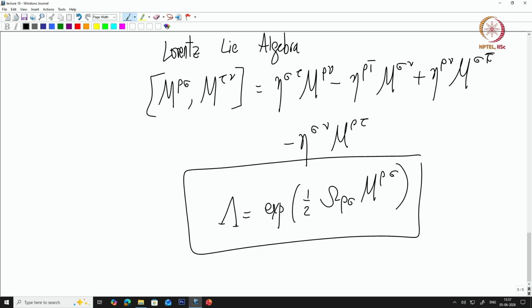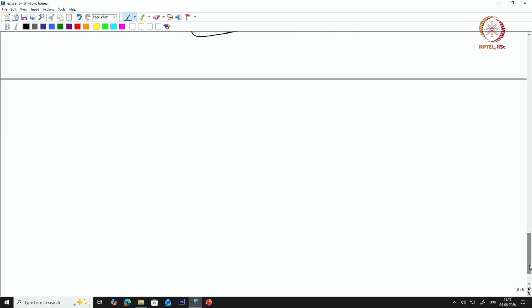Now what we want to do is connect this Lorentz transformation to something called the Clifford algebra. And that is given by the anticommutator of gamma mu and gamma nu equals 2 eta mu nu.